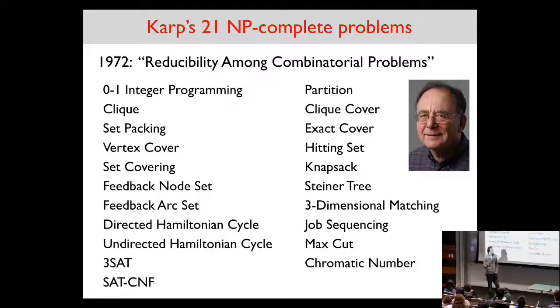Here are some of them: 0-1 integer programming, the clique problem, set packing, vertex cover, set covering, and so on. There's max cut in there, job sequencing. Very fundamental and natural problems. Most of these are graph problems, but as you hopefully already know, graph problems encode very natural problems. So these are very fundamental problems, all of them.